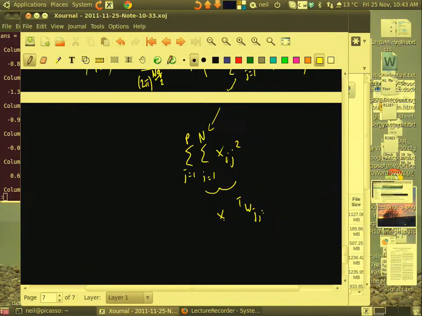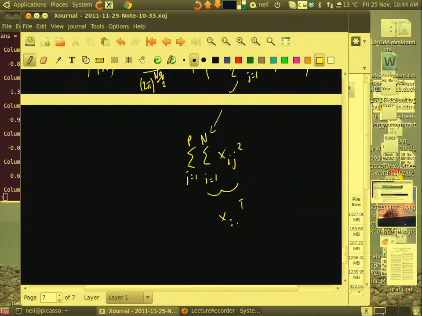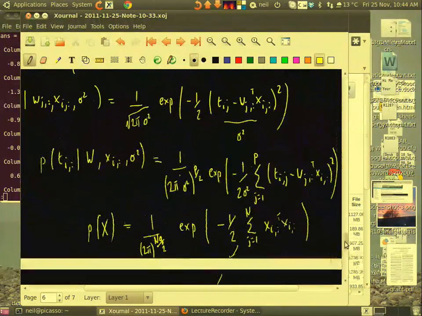Where are we? So the prior is, of course, in this case, it's supposed to be over x, not over w, it's x colon comma i, colon comma j, x colon comma j.